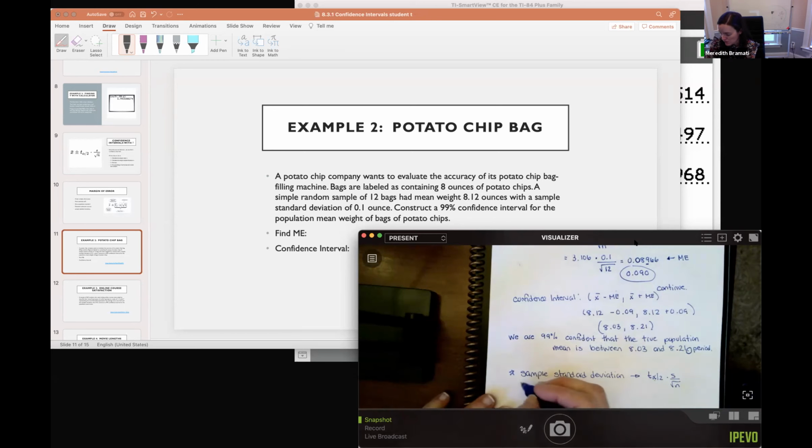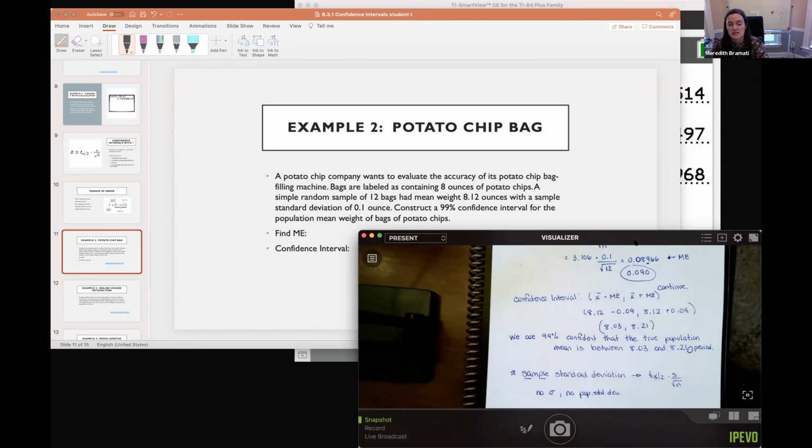Every time, if they give you the sample standard deviation, you have to do this, and so this is no sigma, no population standard deviation. If the only thing you have is the sample standard deviation, you have to do this process.